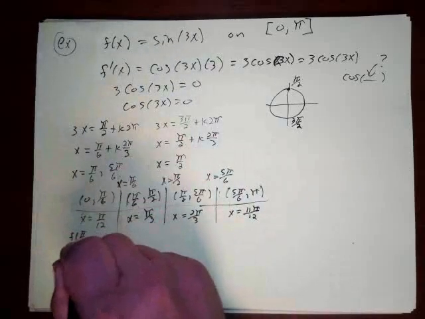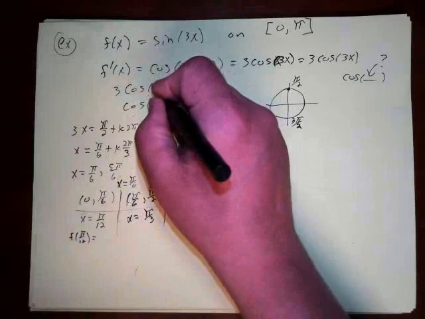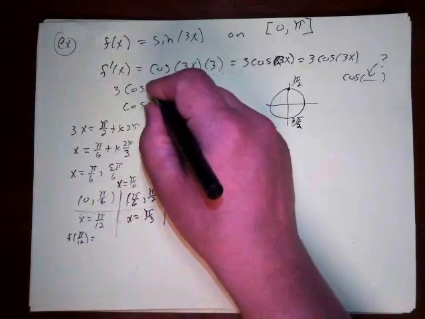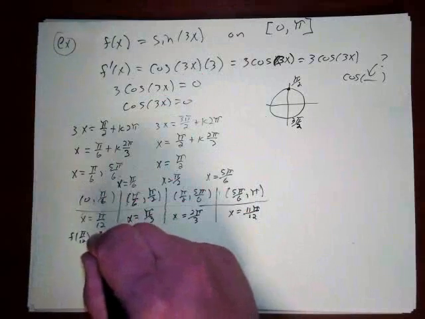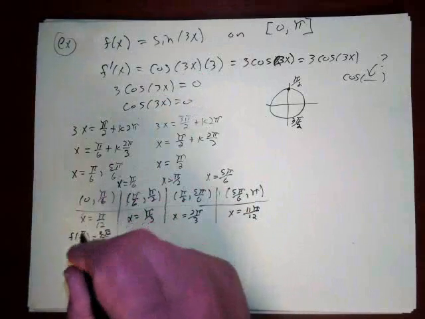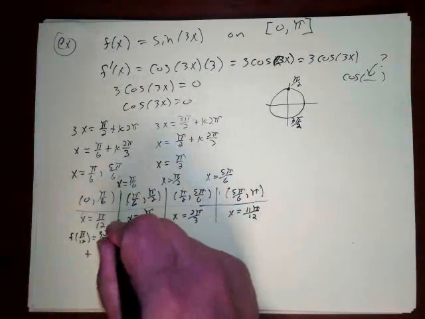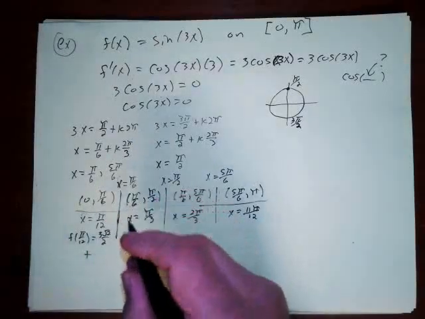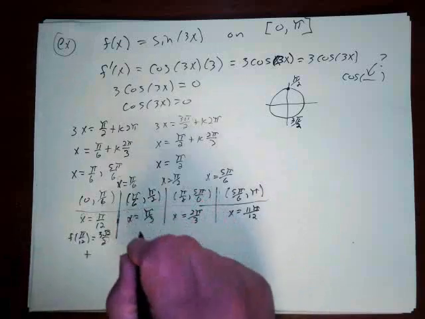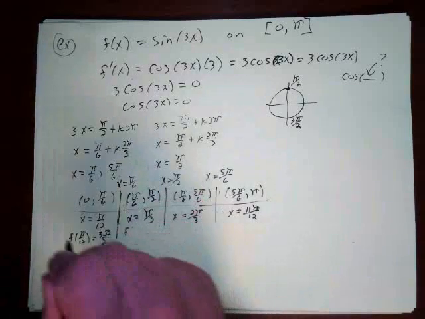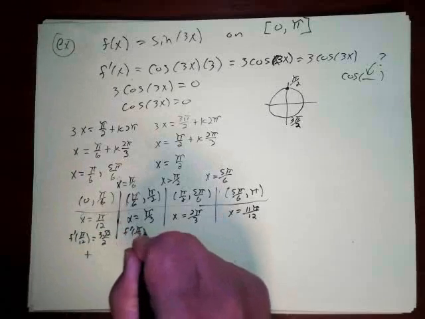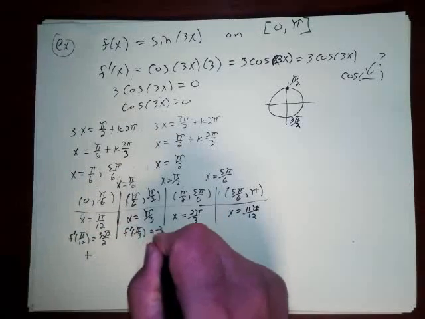And I've done this already, so you could plug that in. You get pi over 4, and that would give you square root of 2 over 2, and so this would be 3 square root of 2 over 2, and that would make this positive. Okay, so I won't worry about doing that every time, but when I stick in pi over 3, and this is the derivative here, this becomes negative 3.